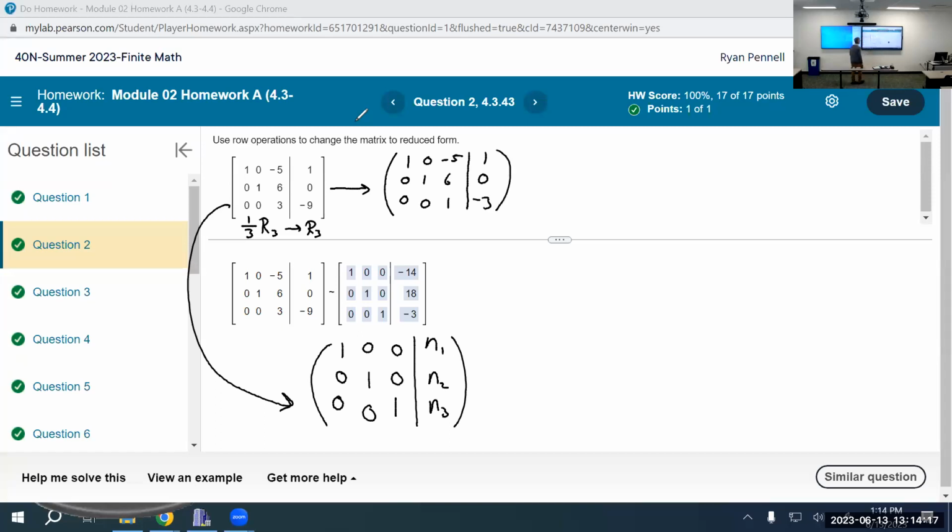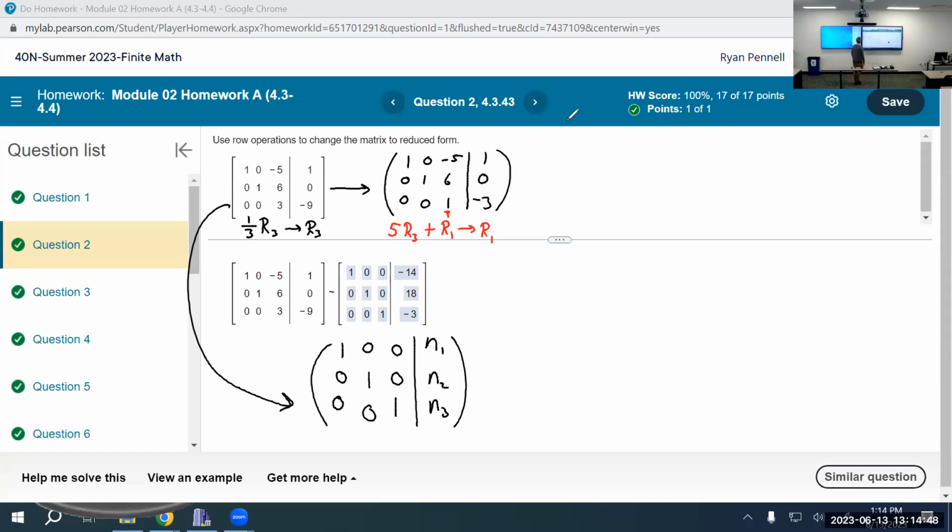As I say, we want that -5 to turn into a 0 and the 6 to turn into 0. How are we going to do it? To get that -5 to become a 0, I need to use this 1 here. That's my pivot, so I need to use that 1 in some way. I'll go 5 times row 3 plus row 1 becomes row 1.